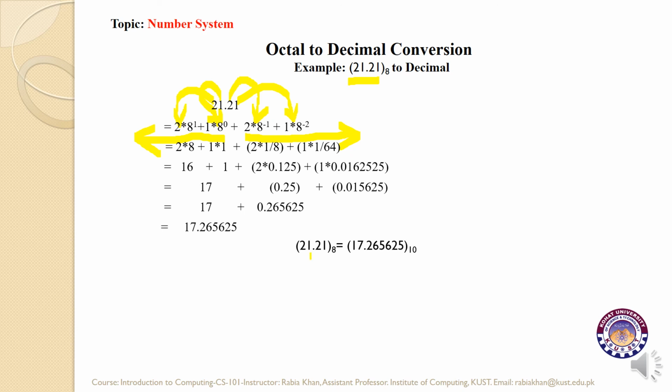So we were given a number 21.21 in base 8, and we converted it into 17.265625 in base 10. So this is how you can perform octal to decimal number system conversion.